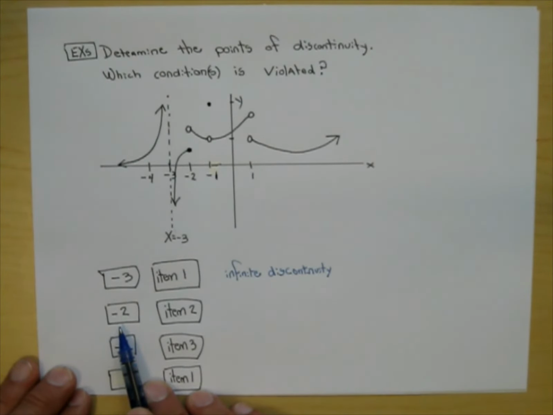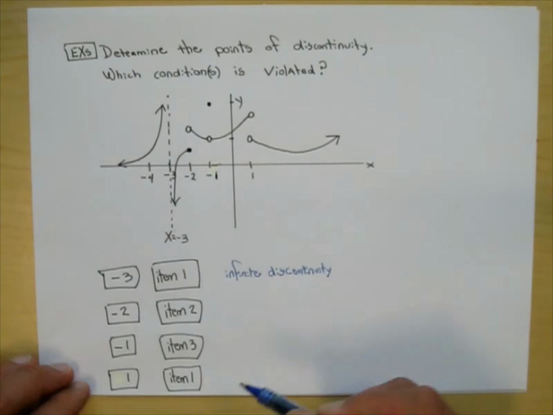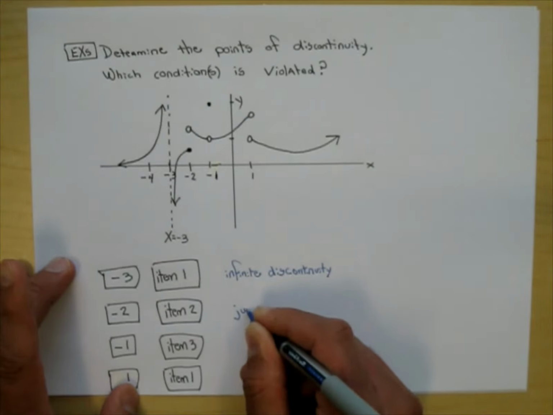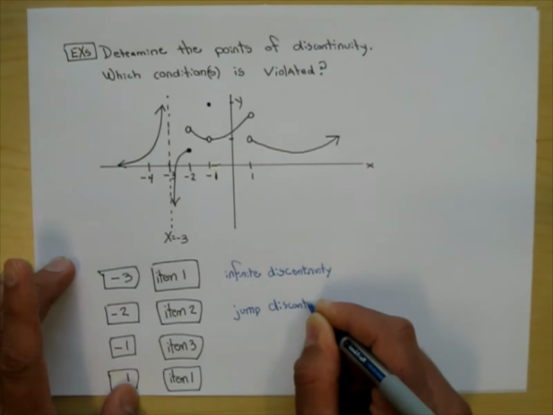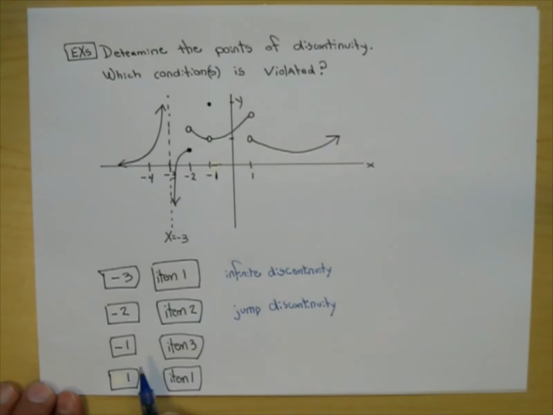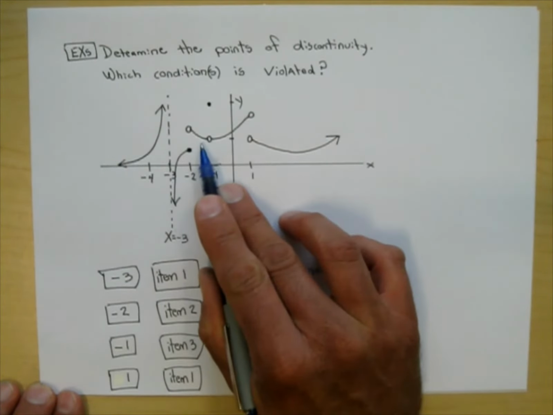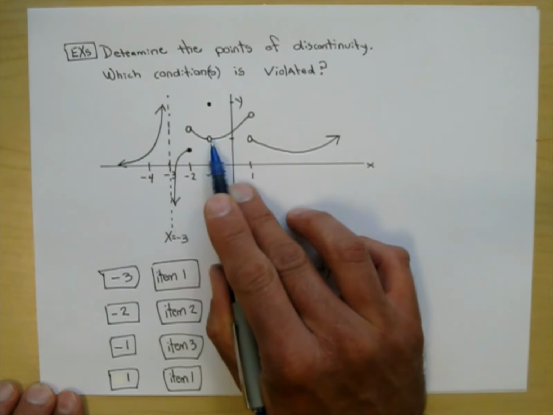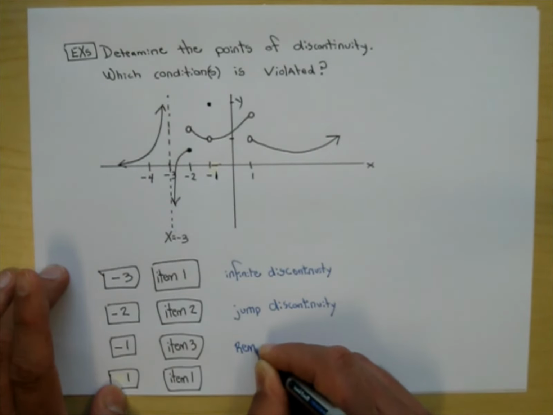The discontinuity at x equals negative 2, if you're trying to draw this with your pen, you have to jump up here. That's called a jump discontinuity. The discontinuity at x equals negative 1, well, there's just a hole there, and so this one is called removable.